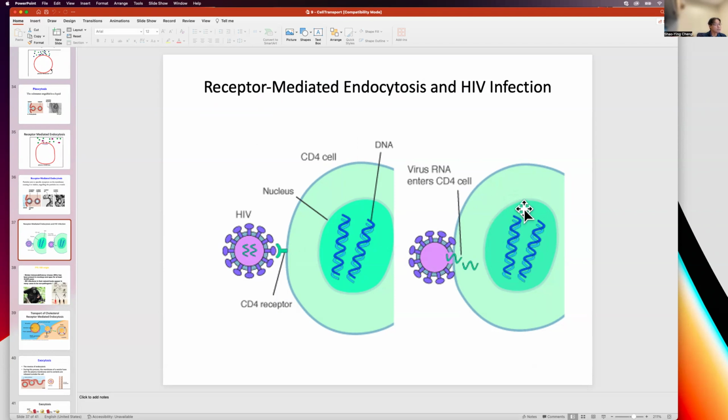Now we call this person HIV positive. And the DNA can stay there for years. That's why HIV is dangerous, because the person who gets HIV may not even know they have it because they're pretty healthy, so they can transmit the disease to other people.